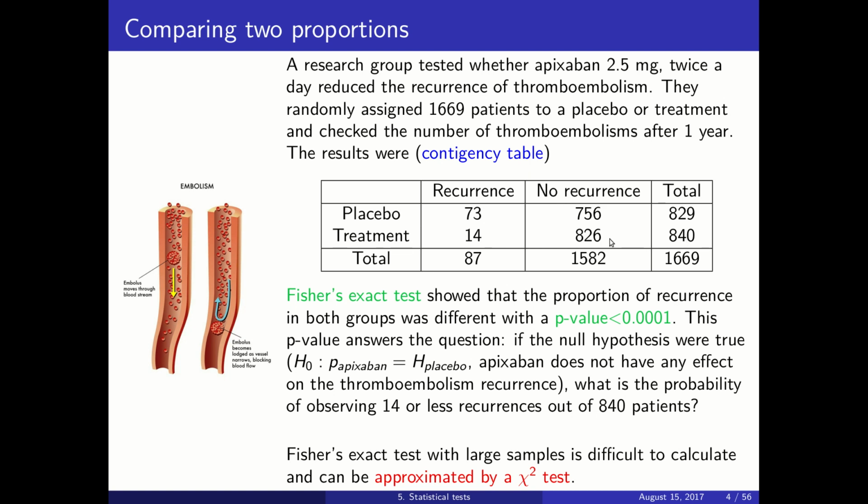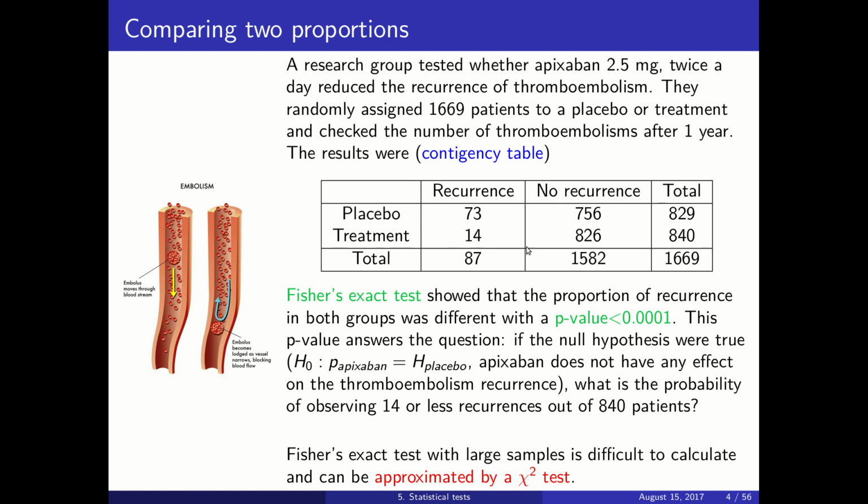The complement is 826, so 826 or more, or 14 or less. Actually, that is if we are looking at the two-tail test. If we are looking at the single tail test, then we are looking only at 14 or less.